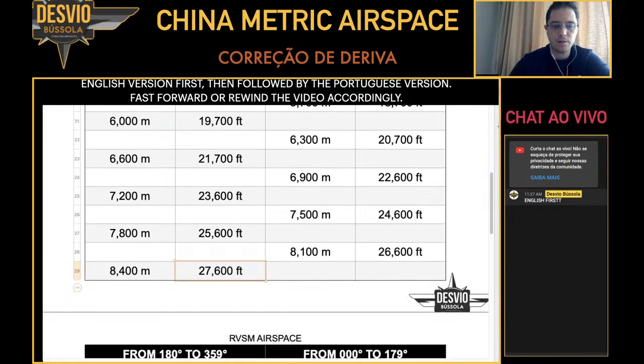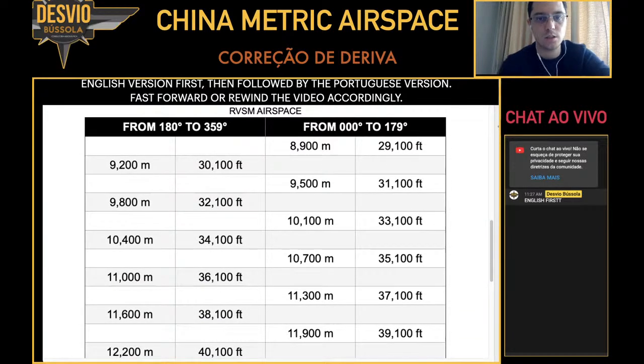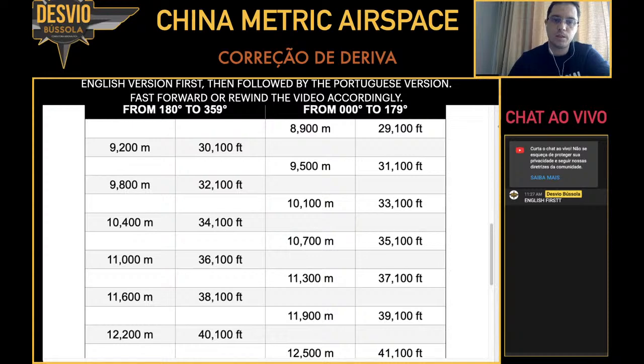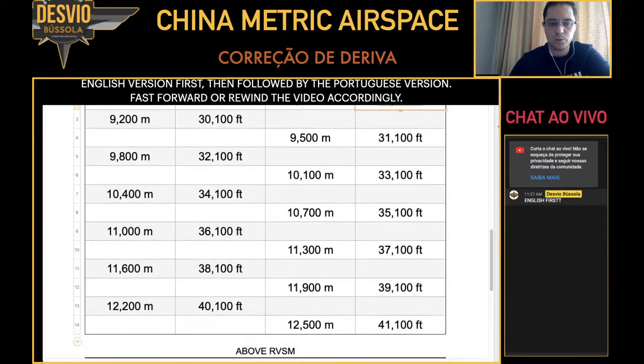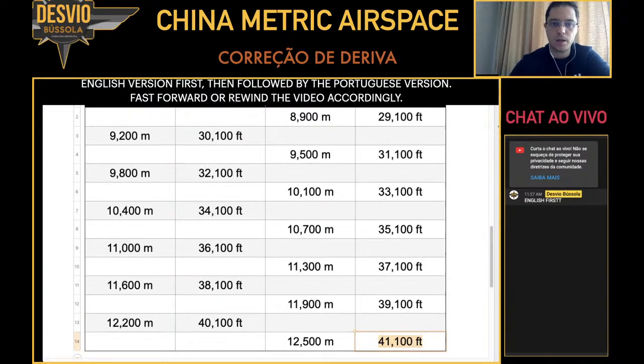And then we have the beginning of the RVSM space, which I set on the second page here, is starting from 8,900 meters, which is 29,100 feet, going up to 12,500 meters, which is 41,100 feet. As you can see, all the altitudes on the RVSM airspace are still separated by 2,000 feet.